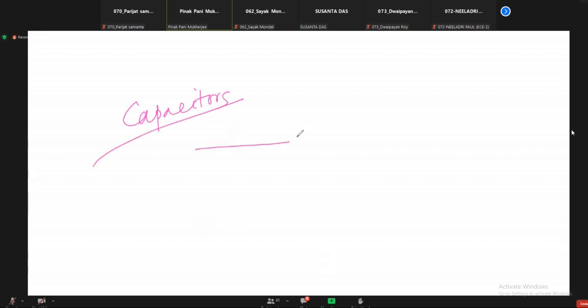Suppose there may be a capacitor which looks like this. This is called the paper core capacitor. Then there may be a disc capacitor which may look like this. So let me continue the calculation, then I will show the picture.